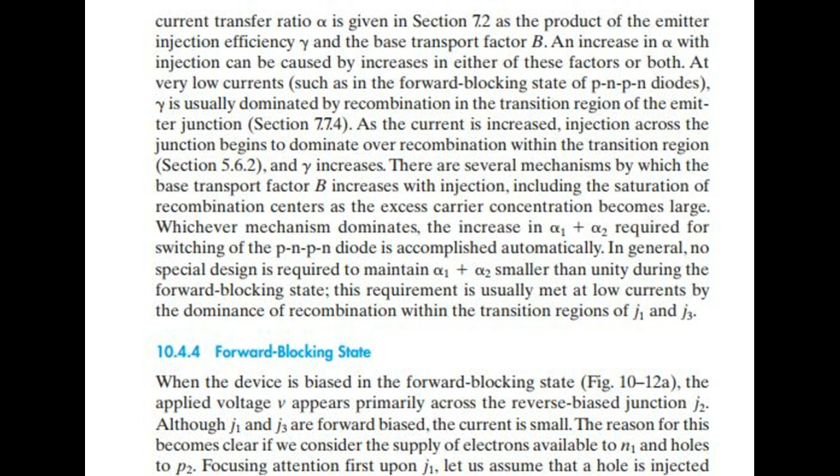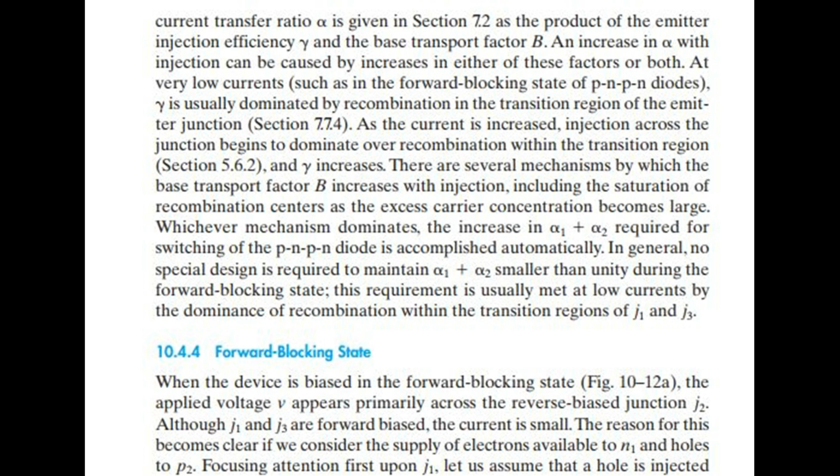At very low currents, such as in the forward blocking state of PNPN diodes, γ is usually dominated by recombination in the transition region of the emitter junction, section 7.7.4. As the current is increased, injection across the junction begins to dominate over recombination within the transition region, section 5.6.2, and γ increases.